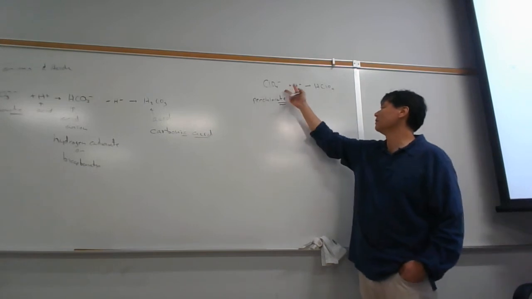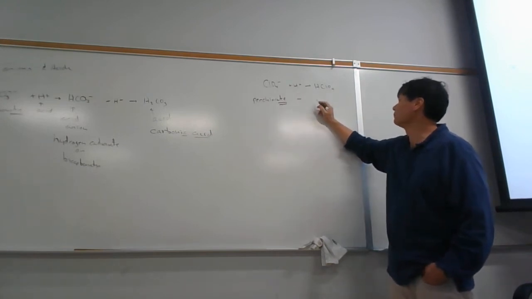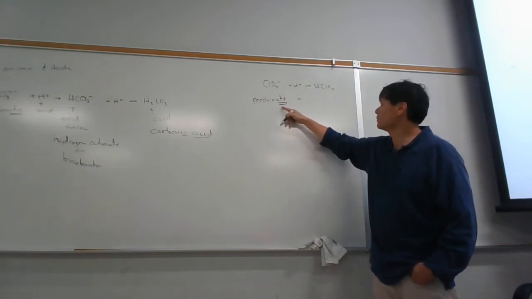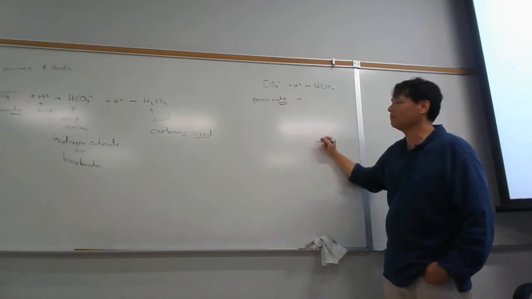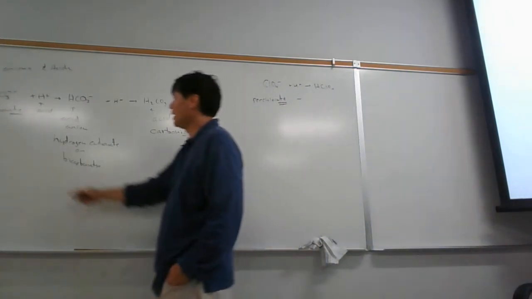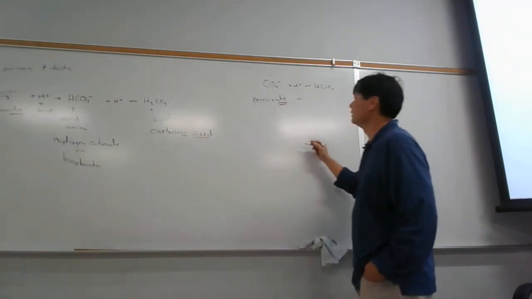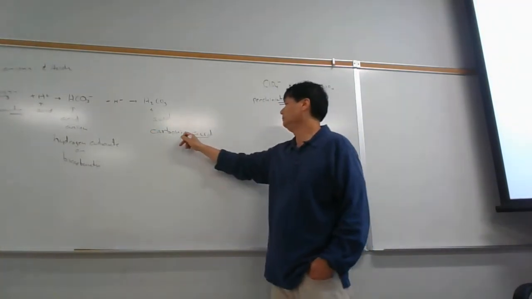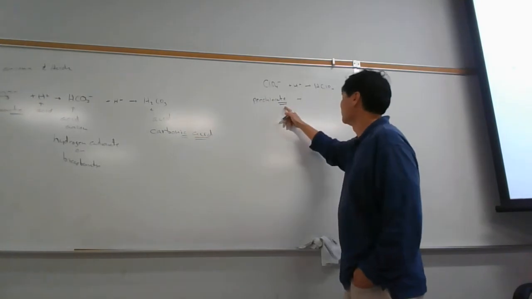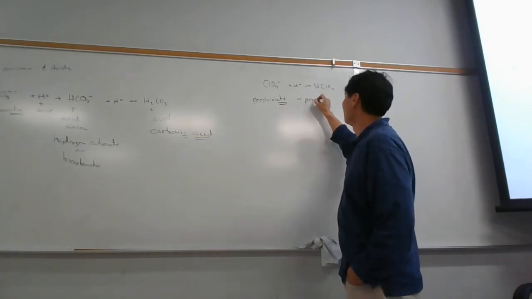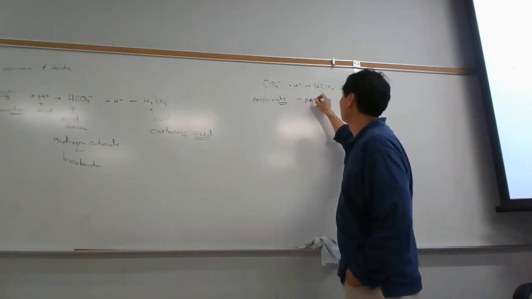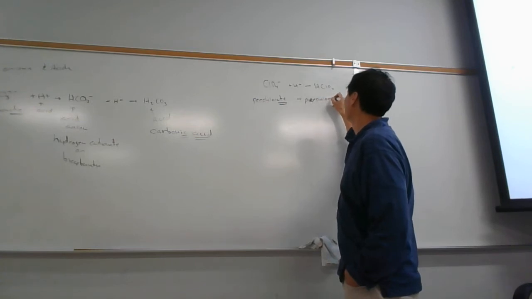And so if that's perchlorate, then what's the acid name? Well, all we do is we drop the ate and replace it with ic acid. So this is going to be called perchloric acid.